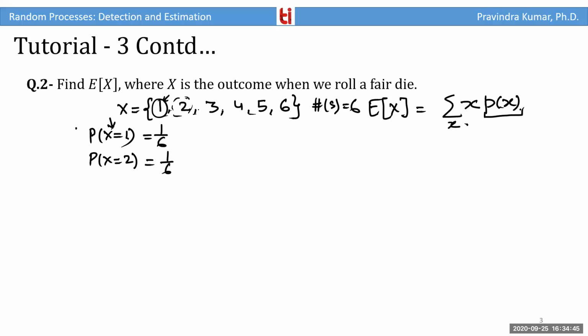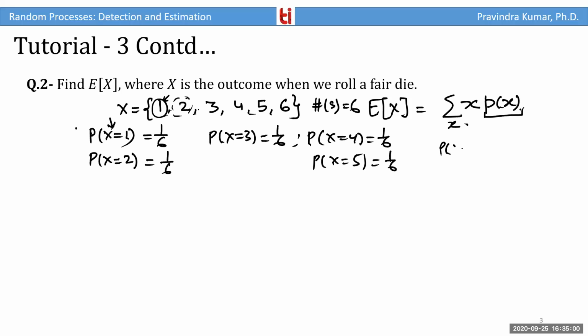So all are equally likely. x equal to 3, 1 by 6. Probability x equal to 4, 1 by 6. x equal to 5, 1 by 6. x equal to 6, 1 by 6. So now E[x] will be the sum of x p(x).